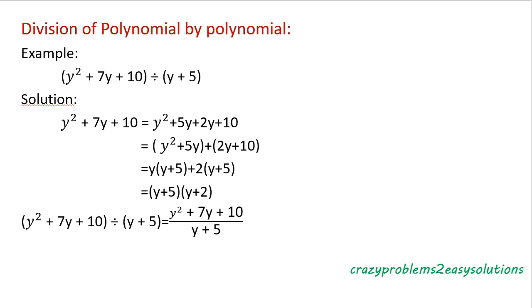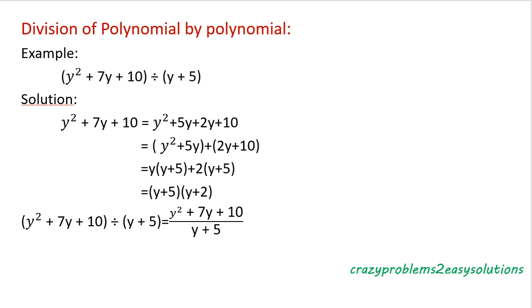So we do the splitting method here: y square plus 5y plus 2y plus 10, and then make groups, the first two terms and the last two terms. In the first group we consider the common term. First of all, y is common, take y outside, and the remaining is y plus 5, plus. Look at the last two terms: 2 is common, because 2 ones are 2 and 2 fives are 10.